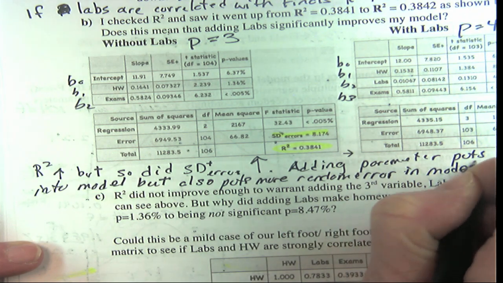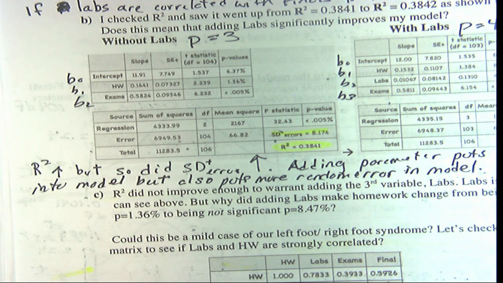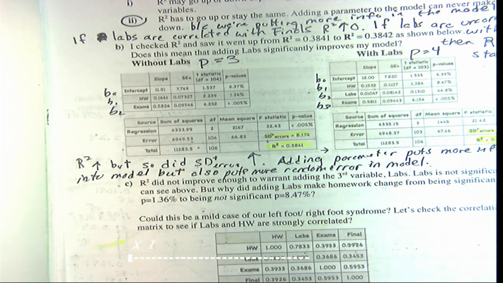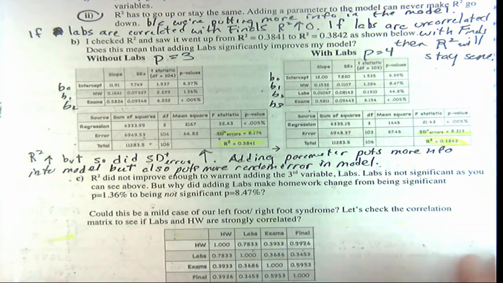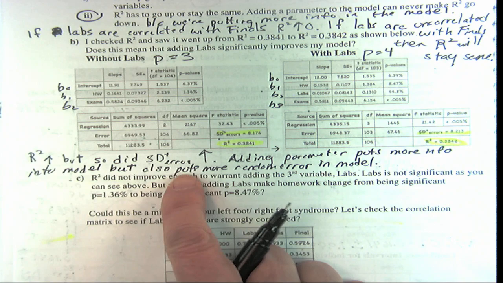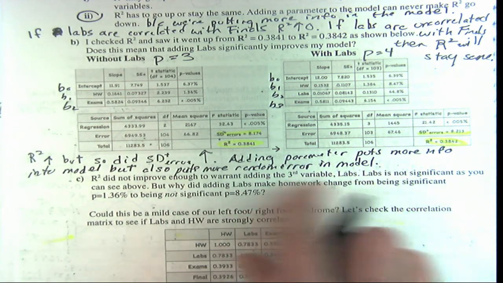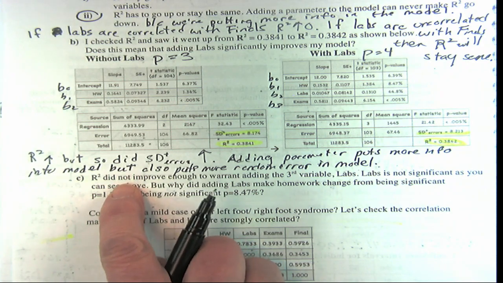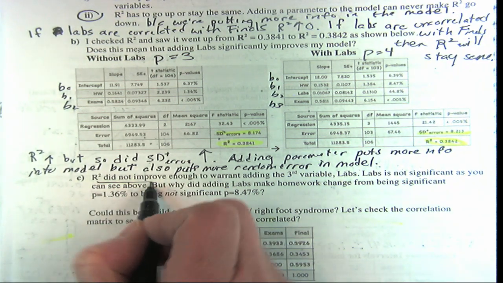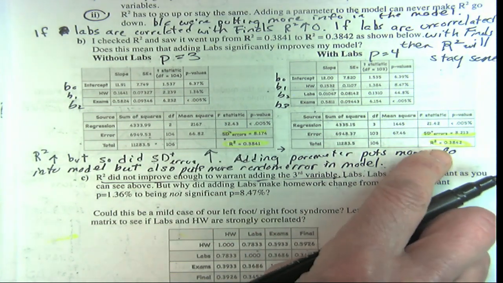And if the error goes up, you do not want to include it. Let me go back a little bit so you can see that. Okay, so adding parameters puts more info into the model, but also puts more random error in the model. So R squared did not improve enough to warrant adding a third variable. It just didn't, because we got more error.